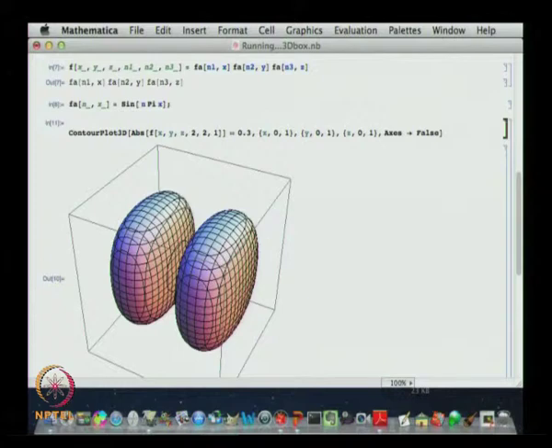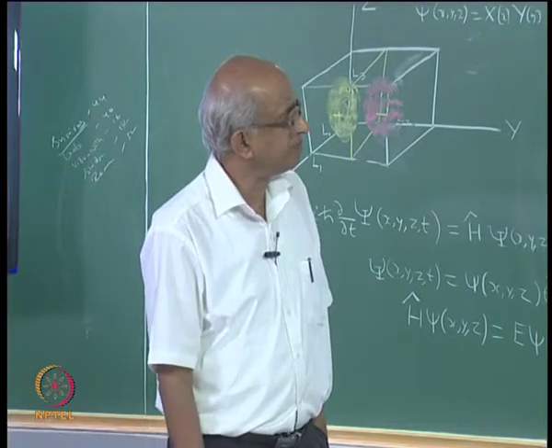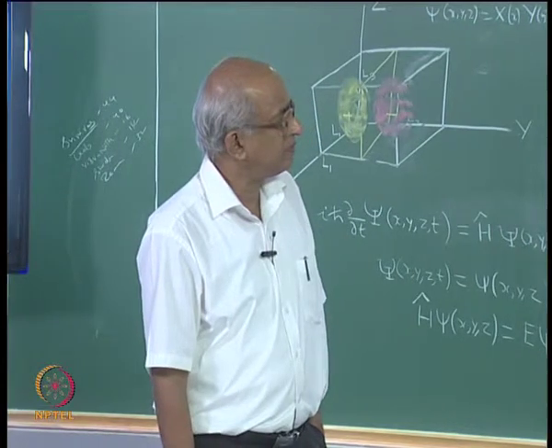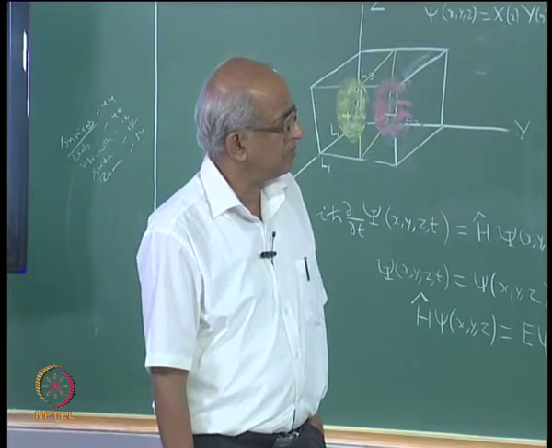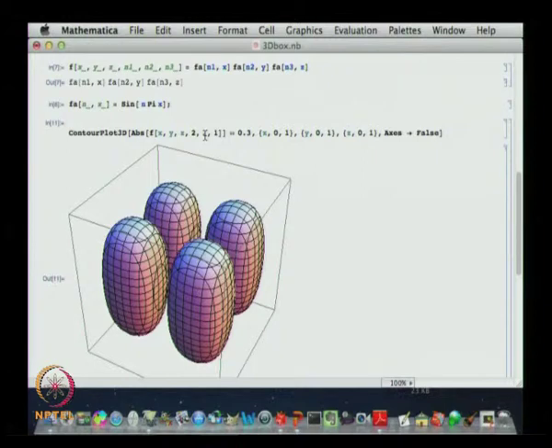As I said, the calculation does take a little bit of time. It has to find the surface and then plot it. Okay, this is how the function looks like. If you want, I can even rotate it, but even rotation may take a little bit of time.